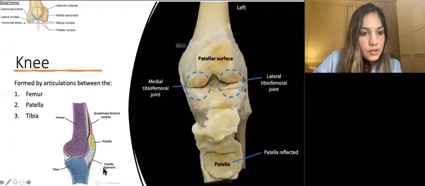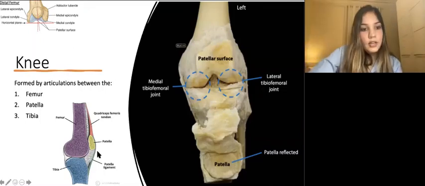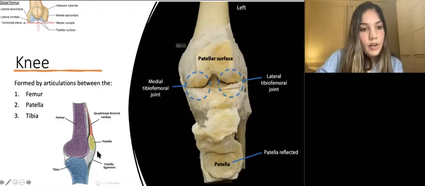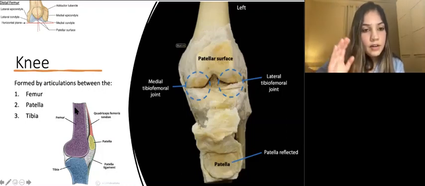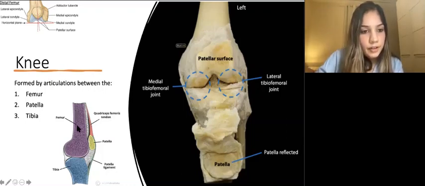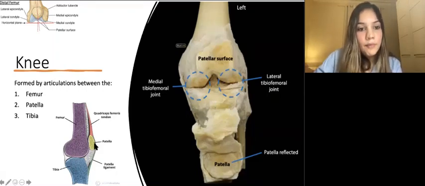So if we look at a typical picture you'd see in your textbooks, this is a lateral view. If we cut the knee in half and look at it from the lateral point of view, you get the femur, the tibia, and the patella, which is the kneecap.